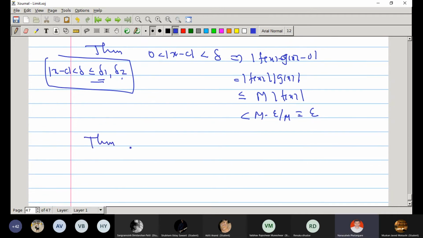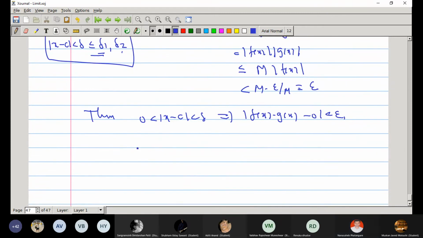Thus, whenever the distance of x from c is less than delta, then |f(x)g(x) minus 0| is less than epsilon. Hence, can we conclude that for any epsilon we can produce delta? Yes, sir.